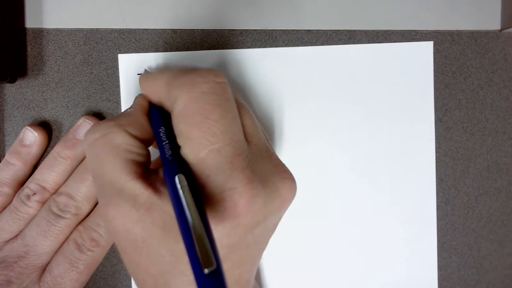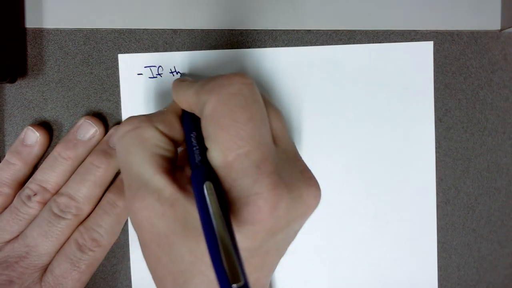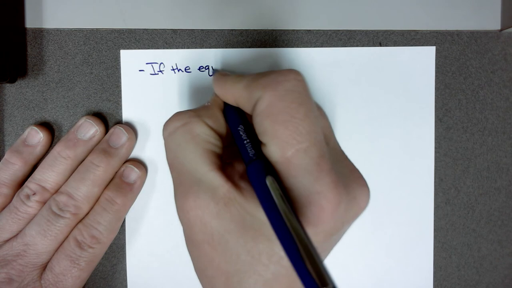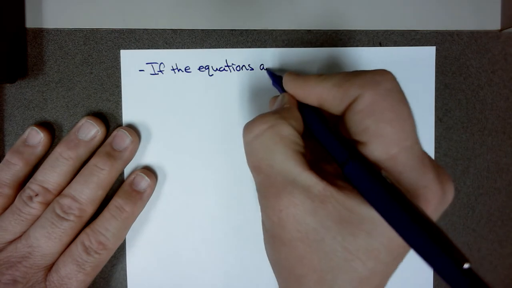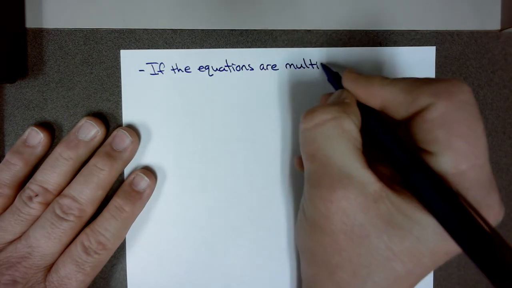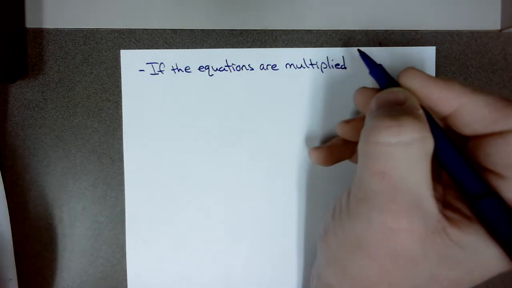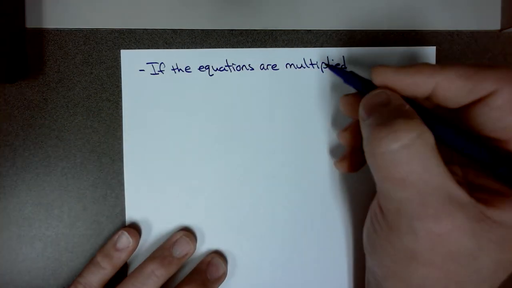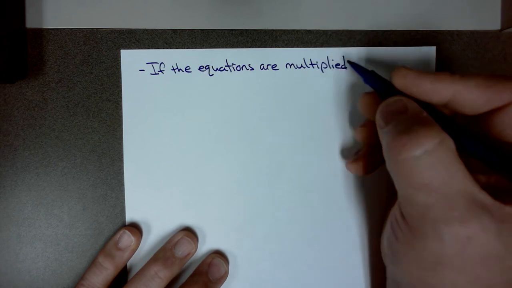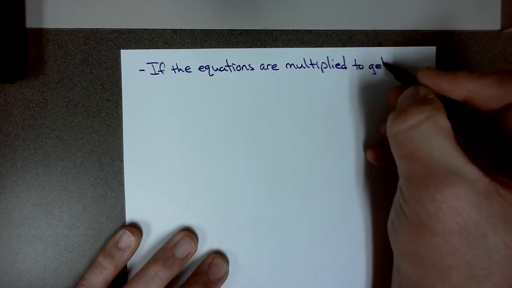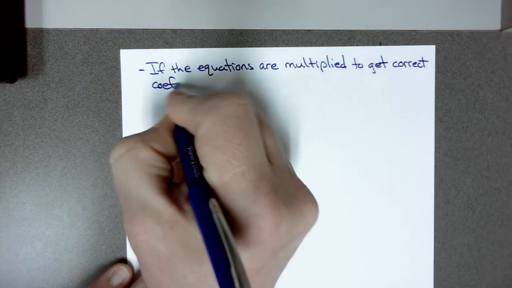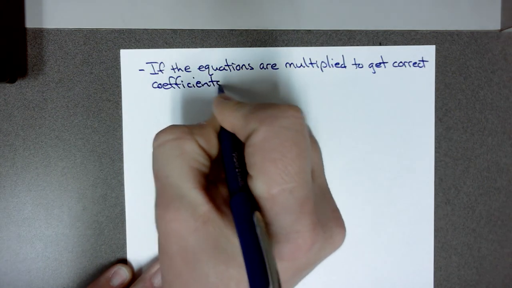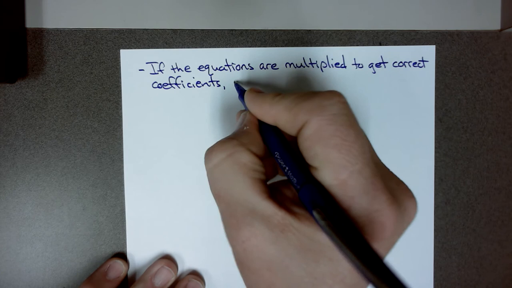If the equations are multiplied to get correct coefficients, then the delta H is also multiplied.